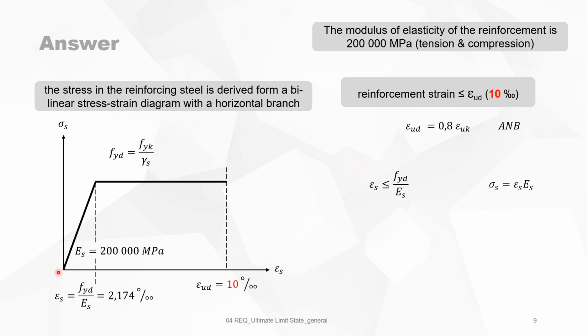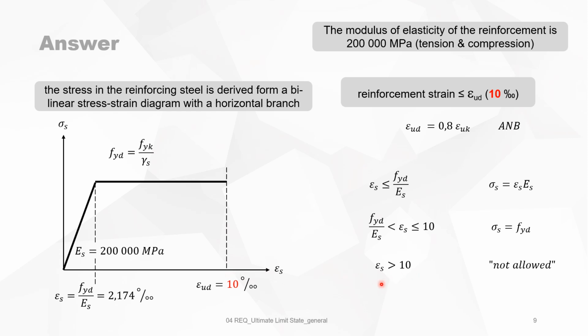Just bear in mind, if you look at this diagram, when converting strain to stresses, that if the strain is smaller than this value, then the stress is epsilon times Es. If the strain is between this value and this value, it's the yielding of the steel line. And when epsilon is bigger than 10 per mil, we do not allow it.